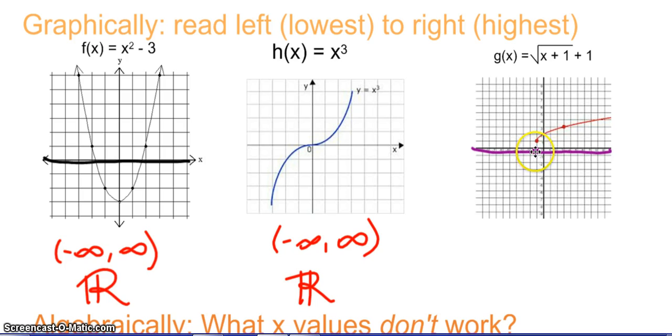After that, if I plug in any number bigger than -1, I will get points corresponding on my coordinate plane. So that means that my domain has to be all of my x values that are greater than or equal to -1, because when I put in -1, I do get back that red dot right there. So writing that in interval notation would be everything from -1 to infinity, and I will get values back out.